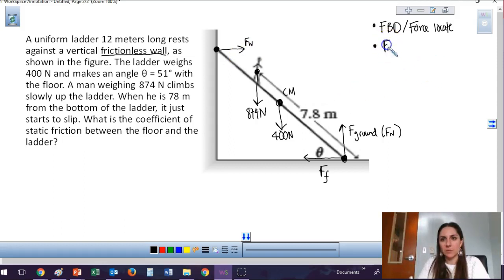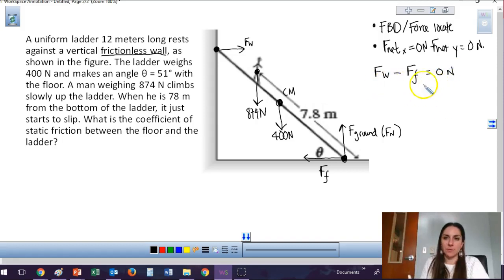So let's find the net forces in the x and set them equal to 0, and then in the y and set them equal to 0. Because, hey, if we don't have to do torque, then we can save ourselves some trouble here, but like I said, I'm going to assume that this is not the case. So here are our horizontal forces, the wall and friction, right? The wall is positive because I have it modeled to the right, minus friction because I have it modeled to the left, equals 0.